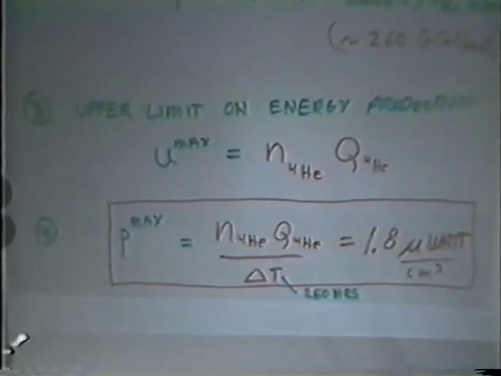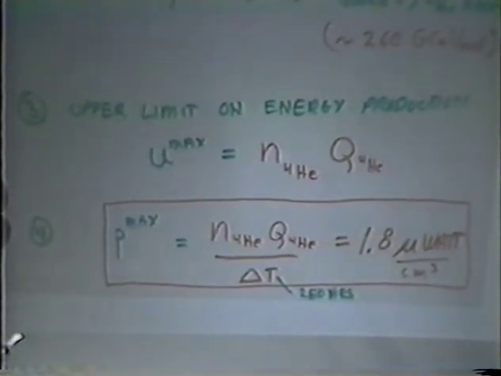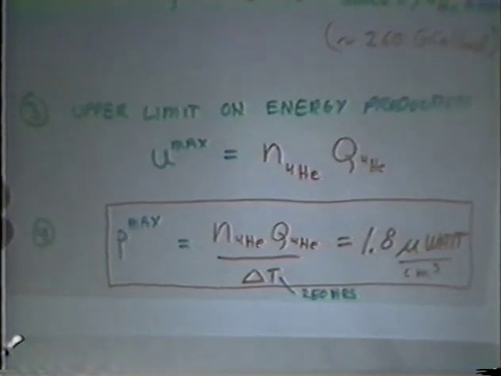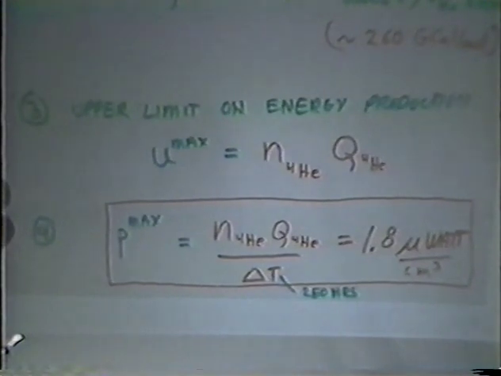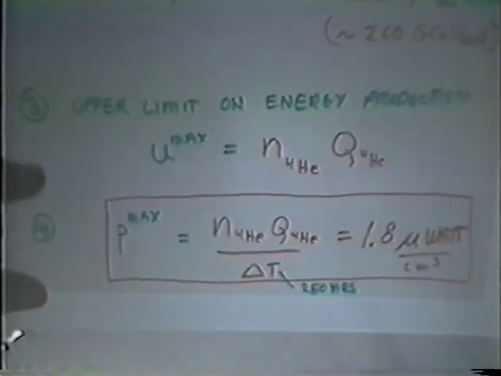What this corresponds to is a minimum detectable excess power, using helium analysis, of 1.8 microwatts per cubic centimeter. So if you assume that any excess heat comes from a process involving helium, then the ultimate calorimetric resolution by analysis of helium is 1.8 microwatts, which is very low indeed.